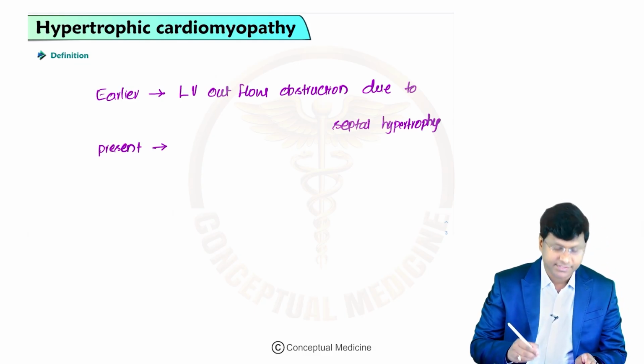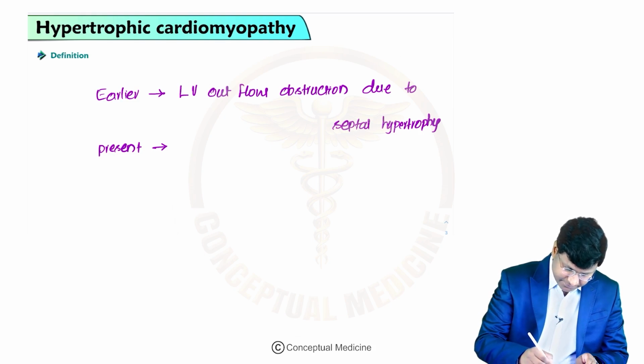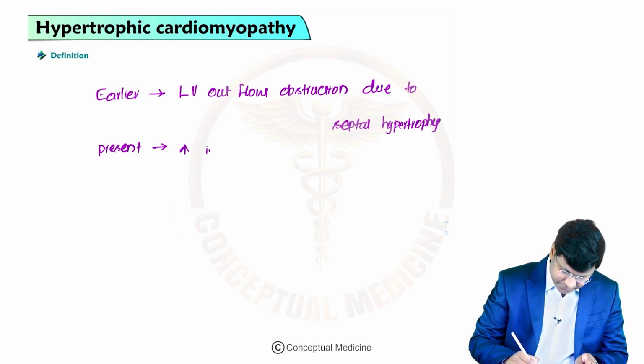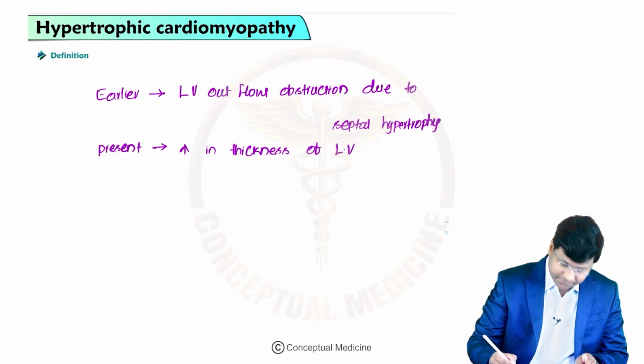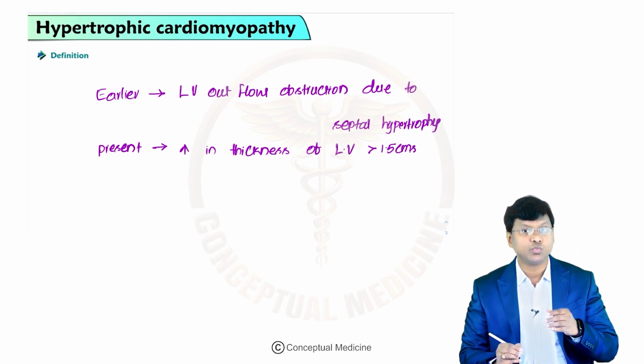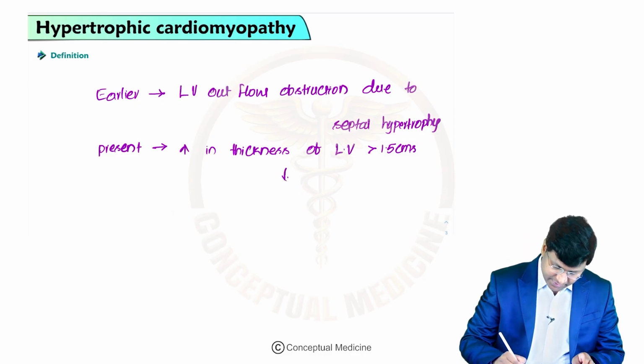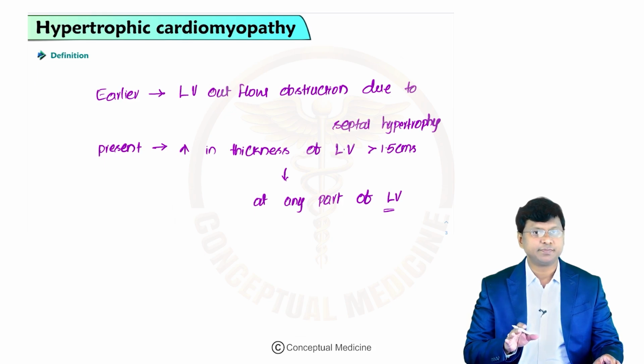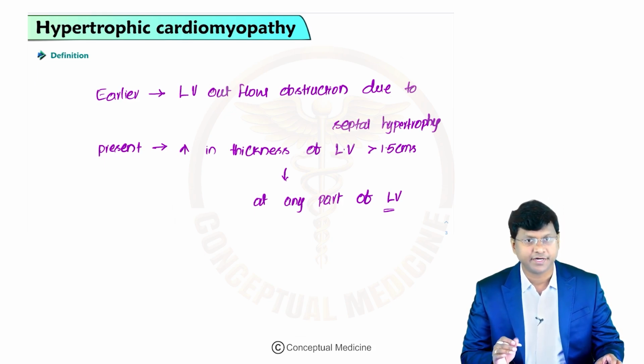The present definition is increase in thickness of the left ventricle by more than 1.5 centimeters at any part of the left ventricle. Okay, so that is the present definition of hypertrophic cardiomyopathy.